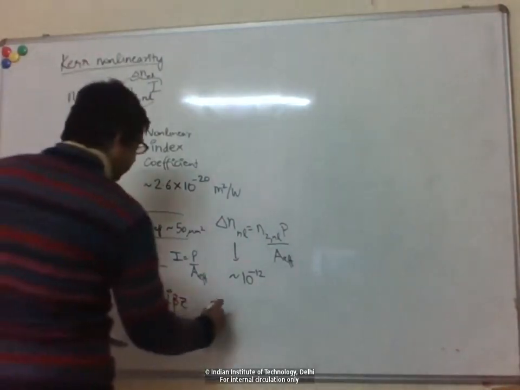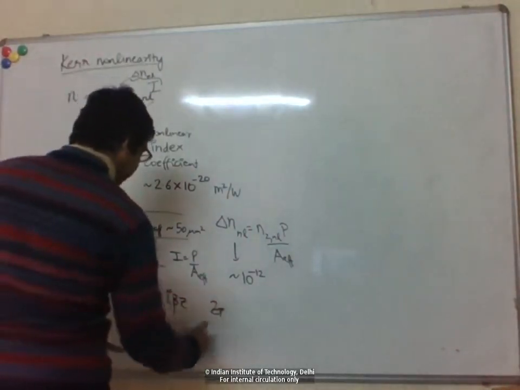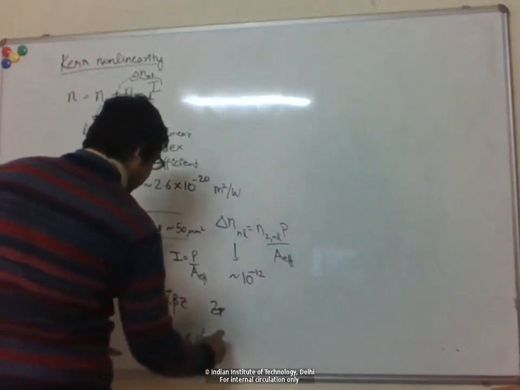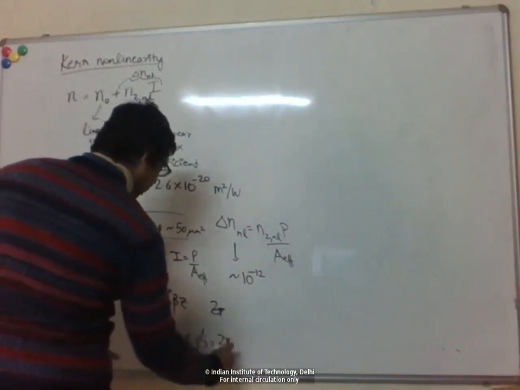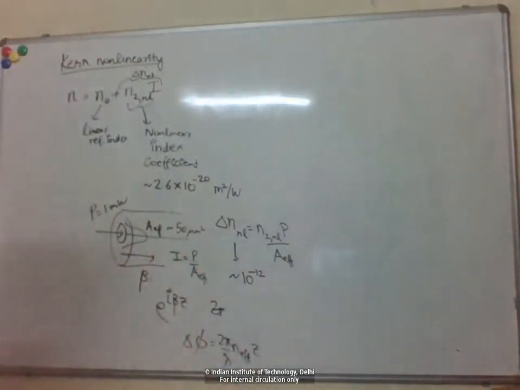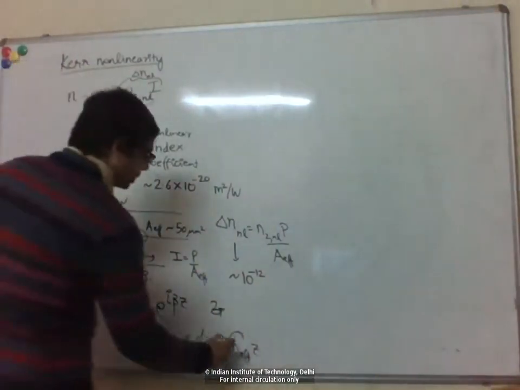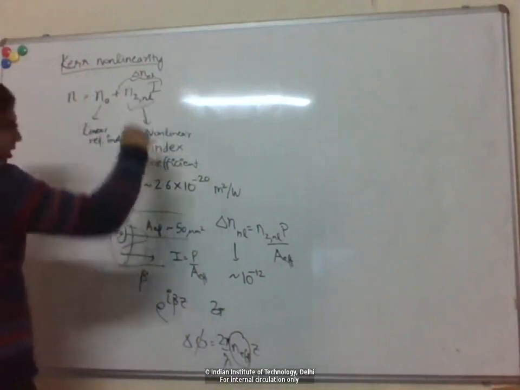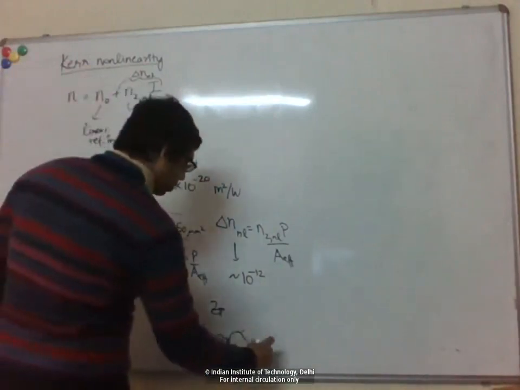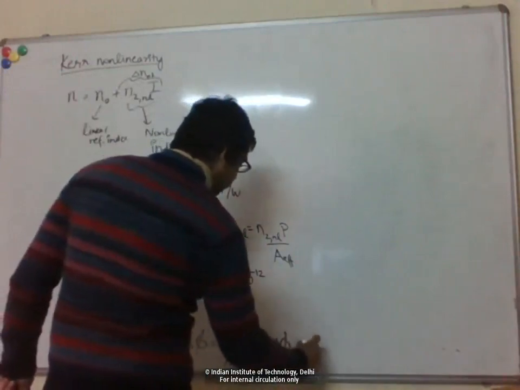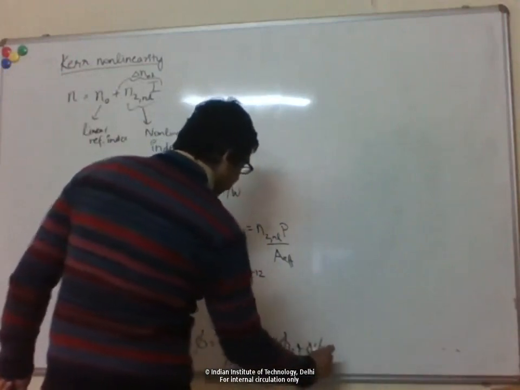The phase acquired here is 2 pi over lambda times n effective times the distance. Now if this index also includes the nonlinear contribution, you can see that I can write this as a linear part plus a nonlinear part.